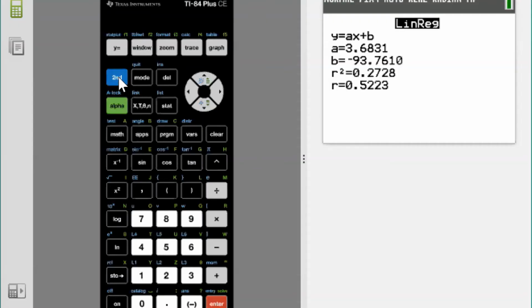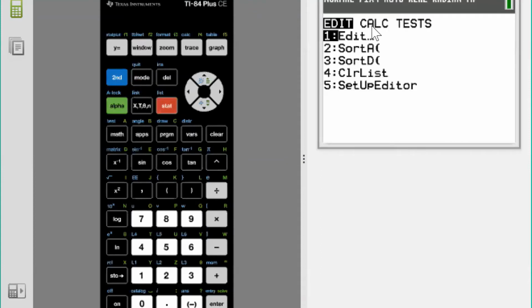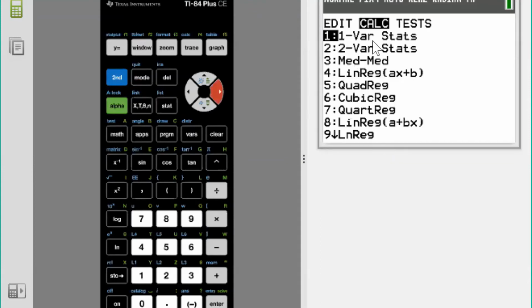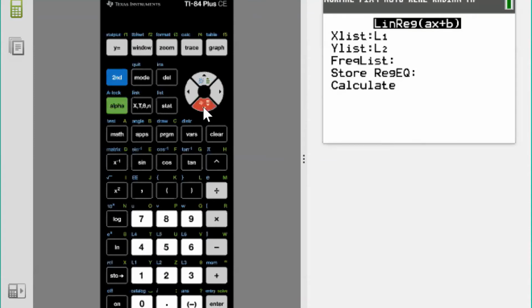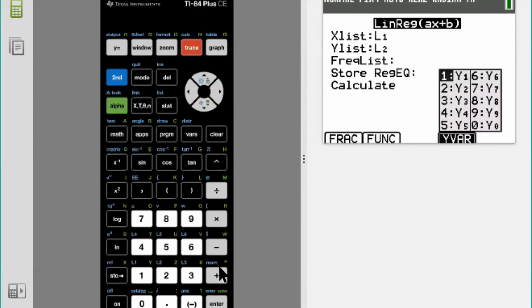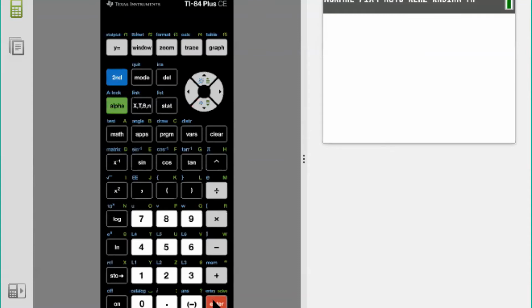So here is my calculator. We have already entered the data. Now you'll go to stat again and then go to calculate. If you come down here to number 4, we already filled this information. If you remember, we did Y1 there and we calculate this.